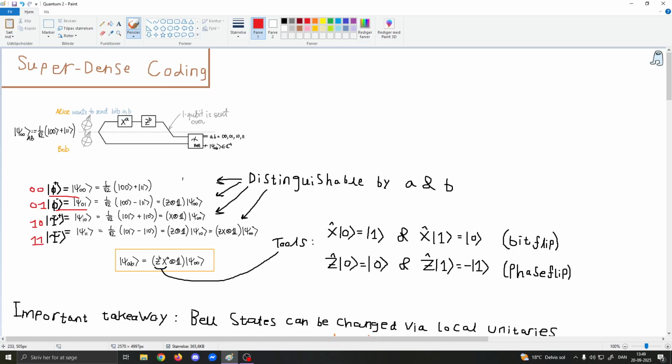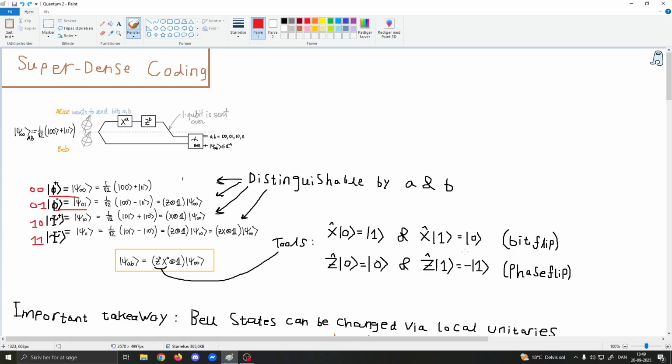We can see that Bob is able to distinguish these because the Bell basis tells specifically what Bell state it was in, which they sum up in this figure right here. The way these two different gates work is that the Pauli X gate takes the computational zero state and transforms it into the computational one state, and vice versa.